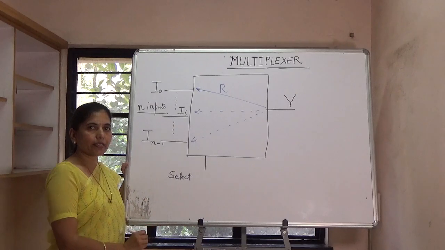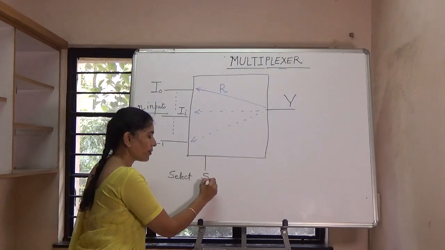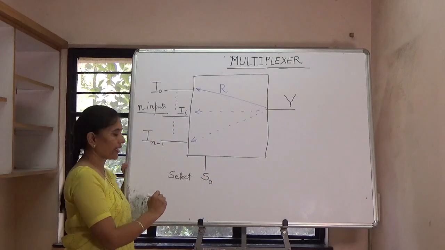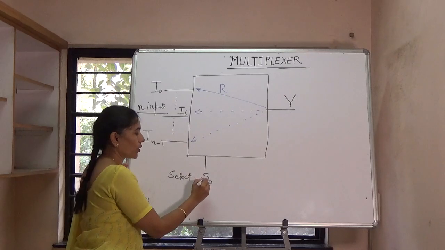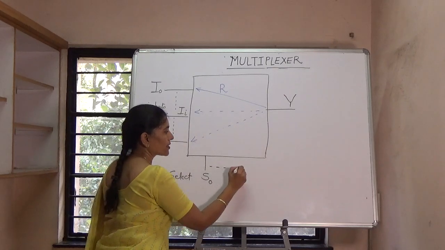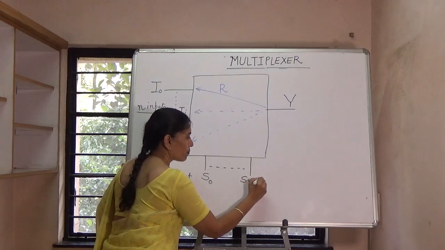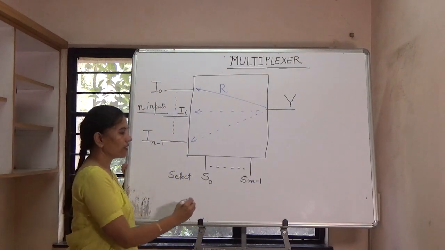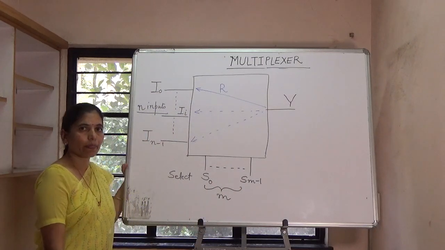The select lines are typically denoted by S. We might require more than one select line depending upon the number of input lines. The select lines start from S0, and in general go up to S(m-1). So these are m select lines.